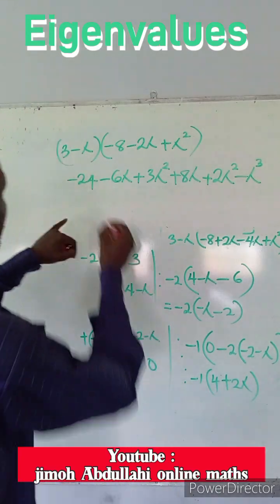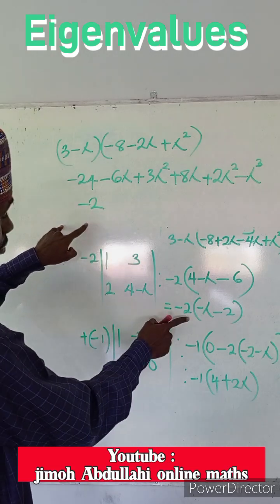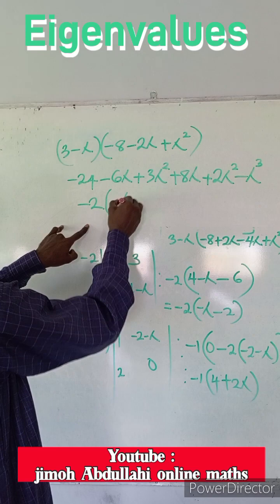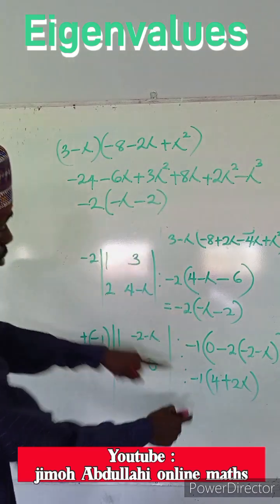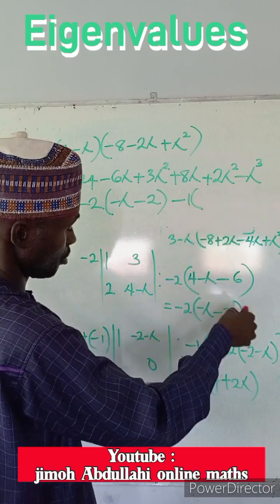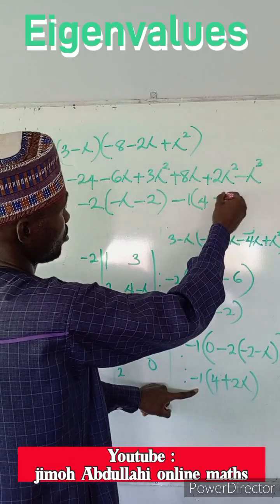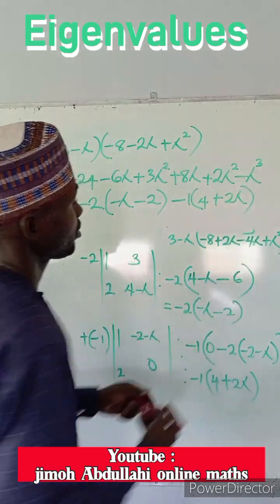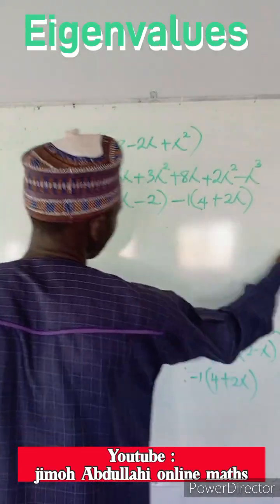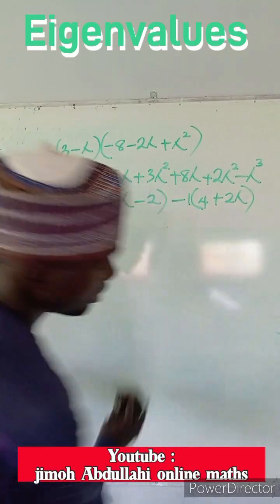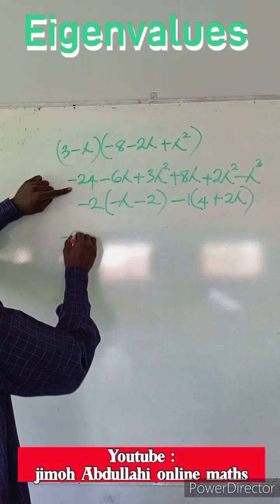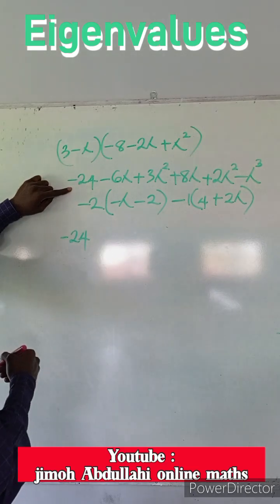We're going to have minus 2 into minus lambda minus 2, minus 1 into 4 plus 2 lambda. Now let's simplify it. Now simplifying it will give us, this one now is minus 24, isn't it?